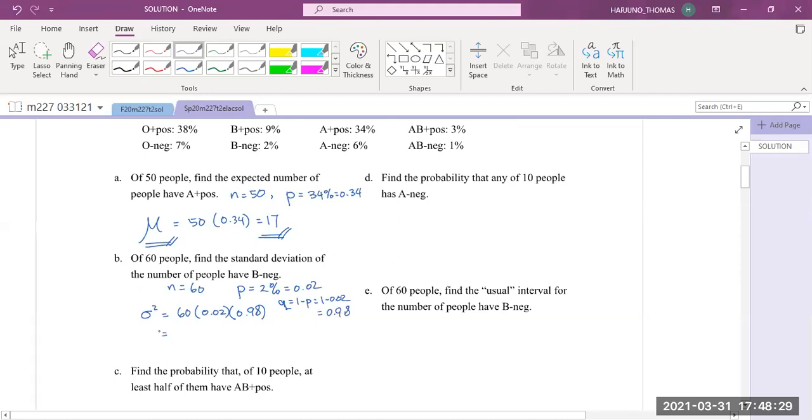When I multiply, I get 1.176. And then the standard deviation, therefore, is the square root of that number, which is 1.084435.